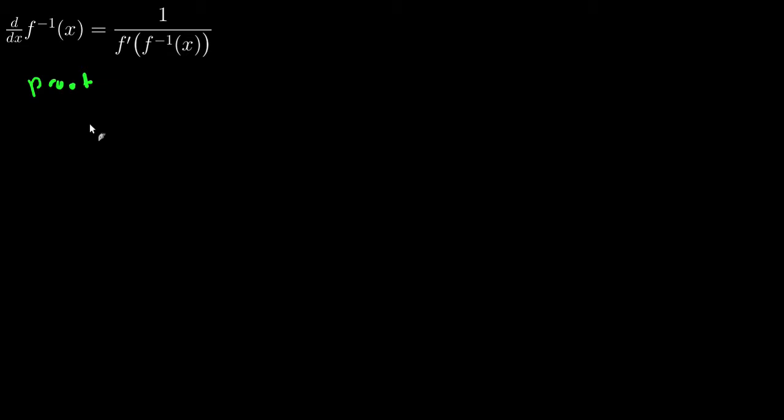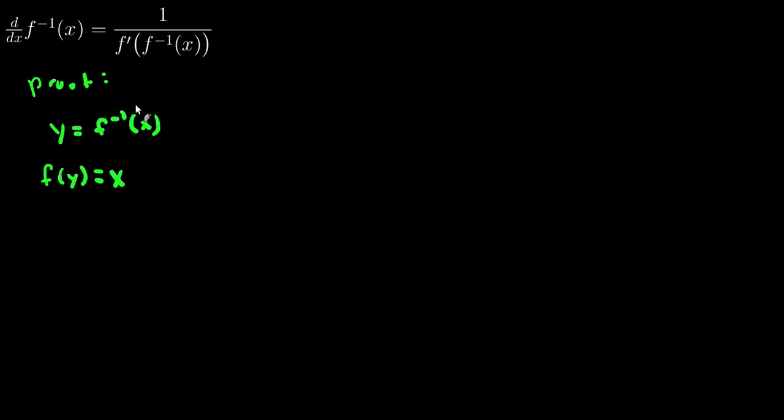For this proof, I'm going to say, all right, let y equal f inverse of x. And before I know this formula, I have to do this in some other way. If y is f inverse of x, that means that f of y is equal to x.